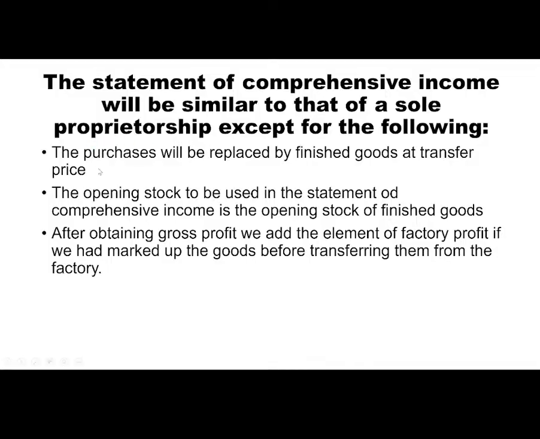That is one scenario. The opening stock to be used in the statement of comprehensive income is the opening stock of finished goods. Then, after obtaining gross profit, we add the element of factory profit if we had marked up the goods before transferring them from the factory. So those are the scenarios that we have to differentiate.